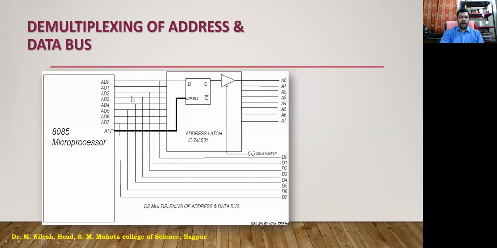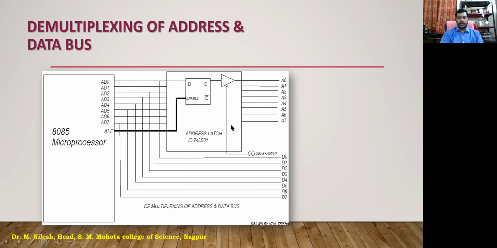And the other 8 bits that are used here, if you are able to see, AD7, AD6, AD5, AD4, AD3, AD2, AD1, and AD0. So these are being multiplexed. The same 8 wires are going for A0 to A7, if you are able to see on the right hand side. And these same are multiplexed for the data also.